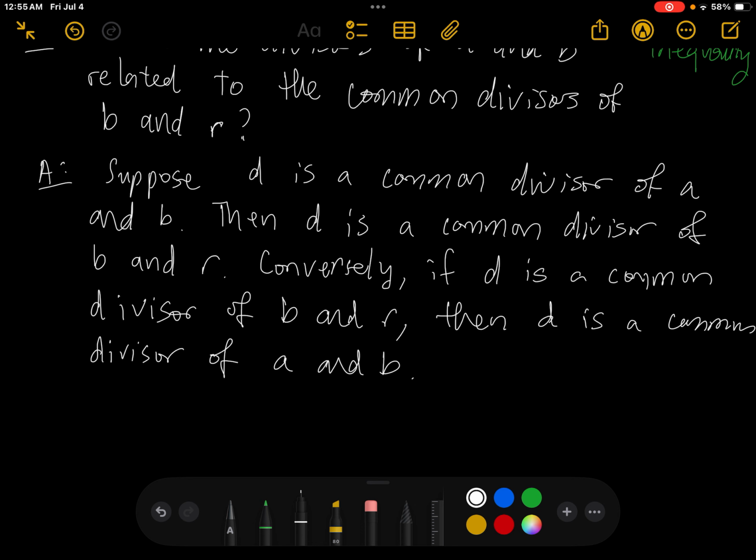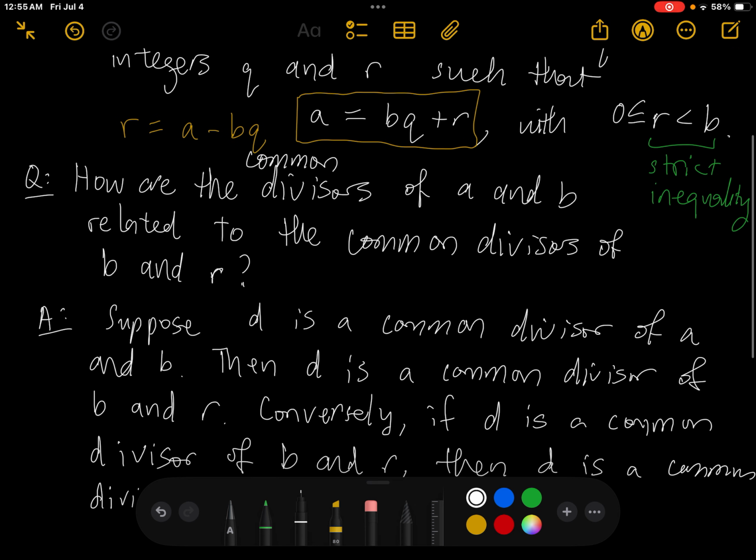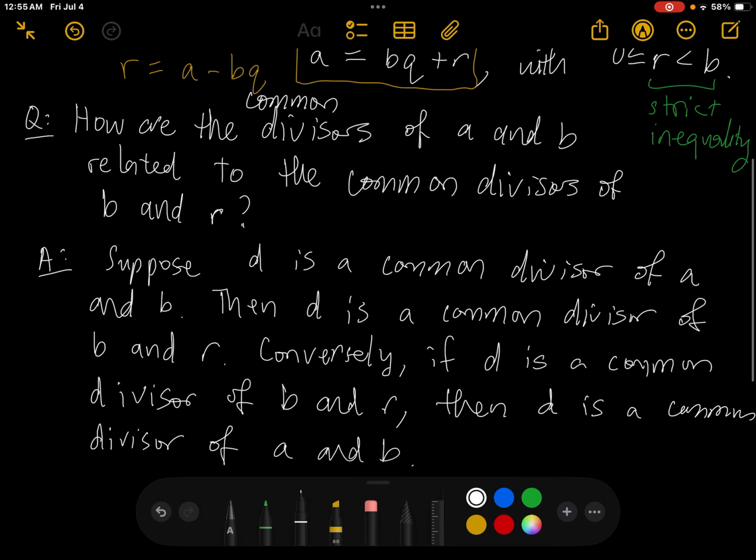Because if d is a divisor of b and r, well, then d is a divisor of bq and r, and so bq and r are multiples of d, and when you add two multiples of d, you get a multiple of d. And a, therefore, must be a multiple of d.